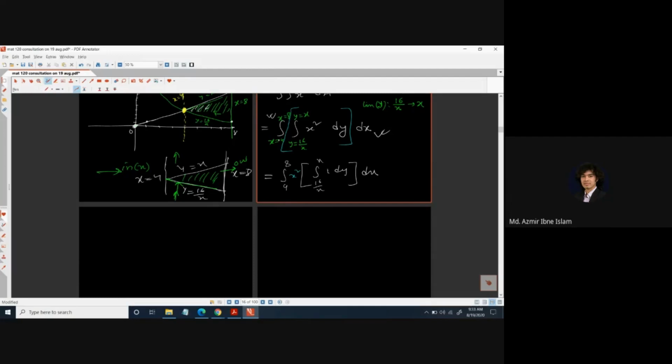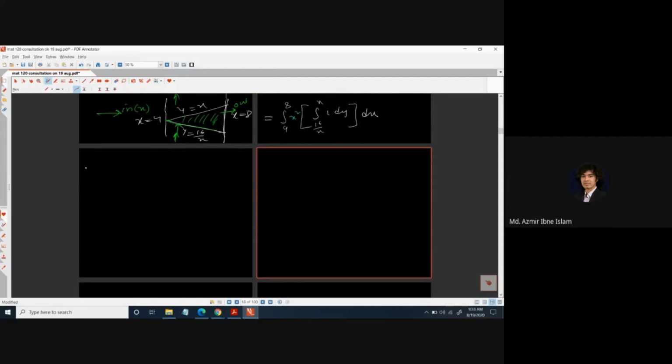The integration of 1 in terms of y is obviously y, with upper limit x, lower limit 16 by x, and we have dx here. This is called partial integration.